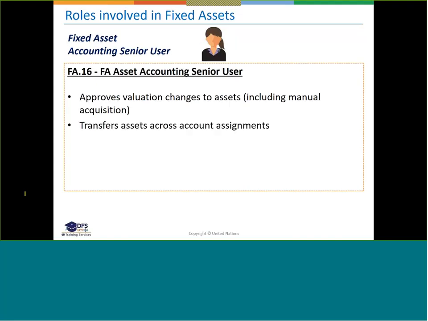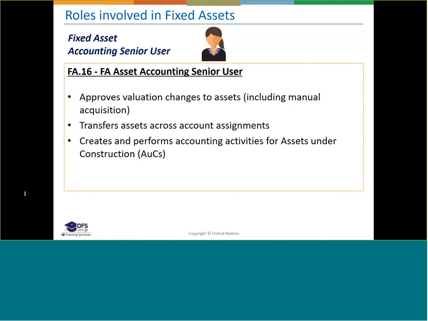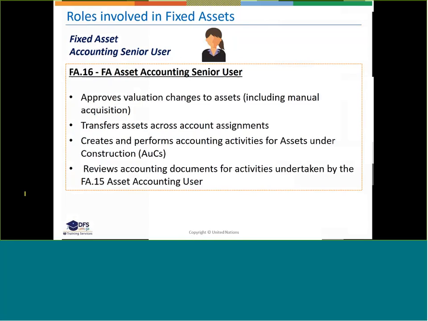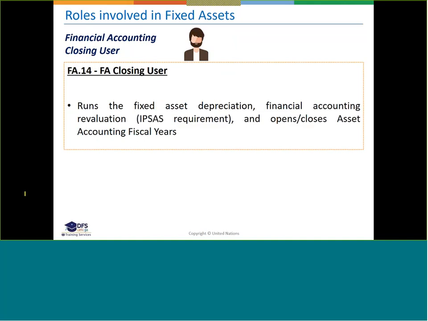Approve valuation changes to the assets, transfer the assets, and create and perform accounting activities for assets under construction. Okay, and review some documents that are created by FA15 users. All right, and then FA14 is the one running the depreciation in the system.